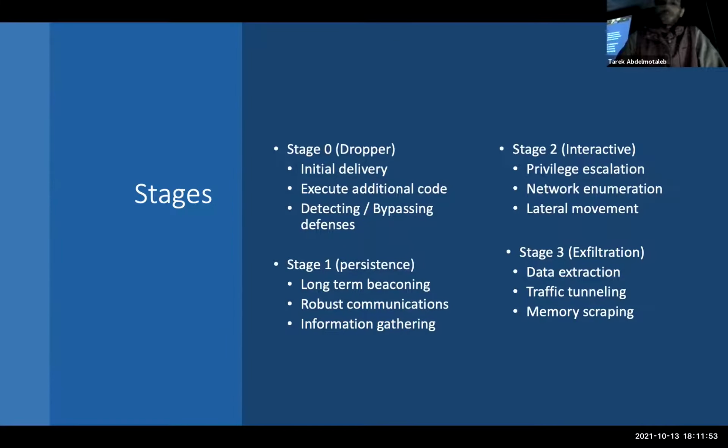So persistence, stage 1, is very important here. You need the persistence to happen first before stage 2 and stage 3. That's why they gave it stage 1 right after the dropper executed.